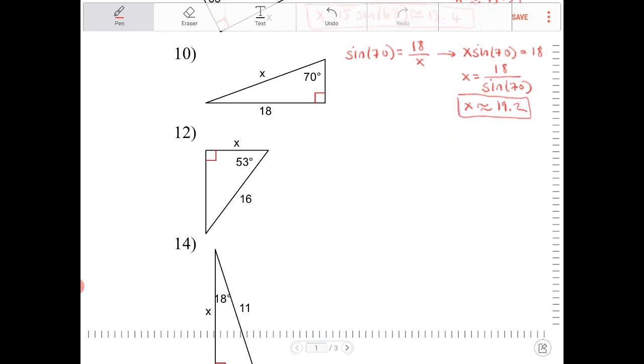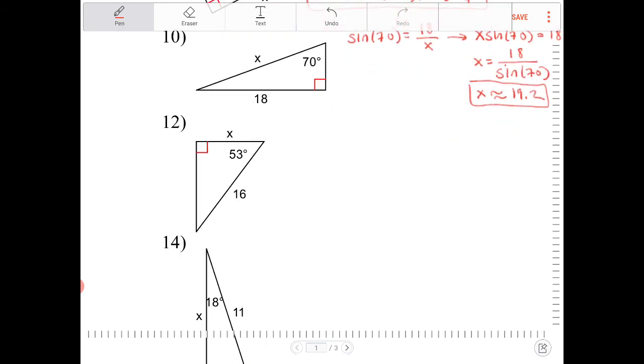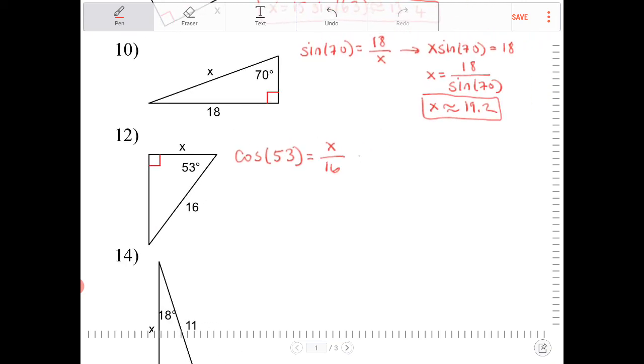All right. So here in this case, x is adjacent to angle 53, and I know the hypotenuse is 16, so I'm going to use cosine. Cosine of 53 is equal to adjacent over hypotenuse, so that's x over 16. I want to multiply both sides by 16.